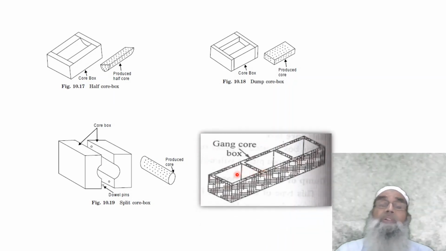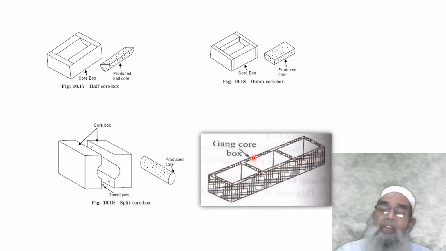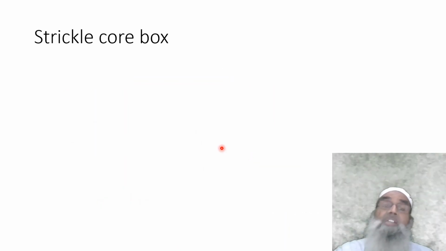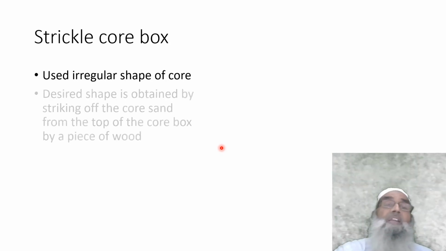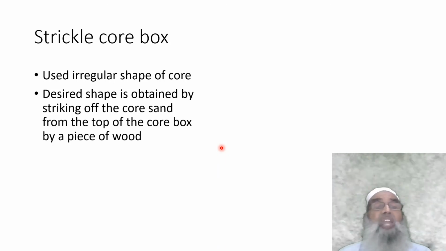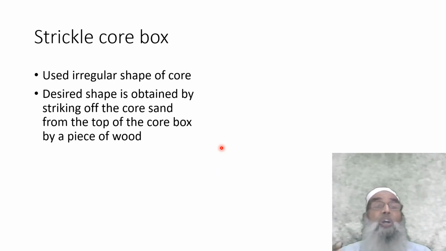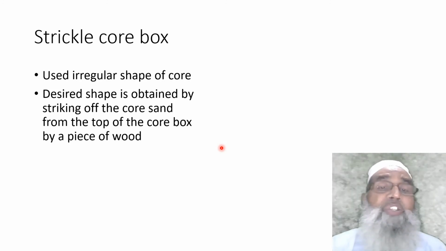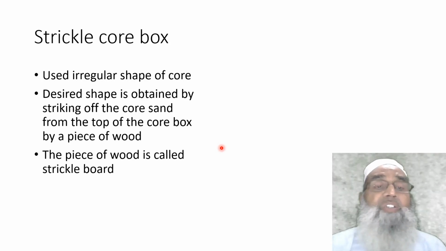If one core box has a number of cavities so that we can develop a number of cores, that type of core box is known as a gang core box. But if there is an irregular shape of core, then we generally obtain it by strickling. First we fill the core box and strike off the excess core sand with a piece of wood known as a strickle board.